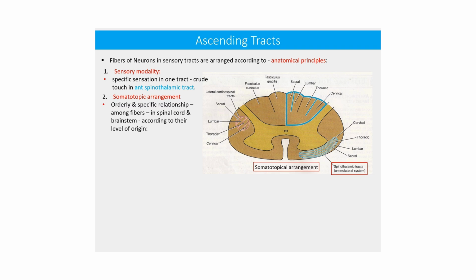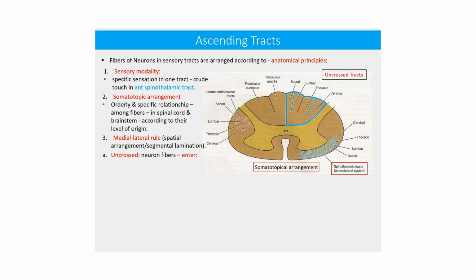Second, somatotopic arrangement, that is, an orderly and specific relationship exists among the fibers in the spinal cord and brainstem according to their level of origin, which is named somatotopic arrangement. Number three, medial lateral rule, which is also defined as spatial arrangement and segmental lamination.